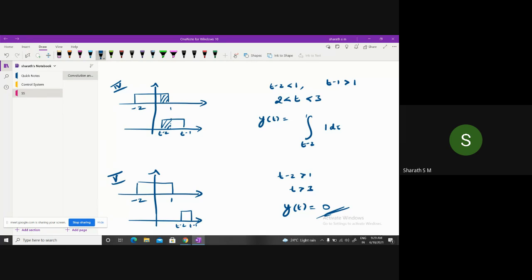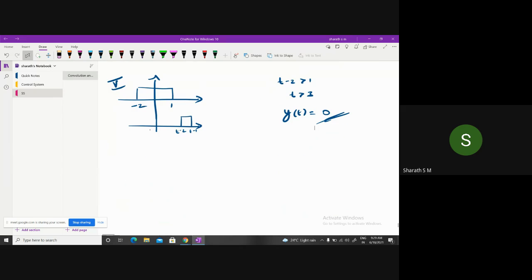At the end, just write down all those answers in a single stage. So y of t is equal to 0, and the second case also 0. The third case has t plus 1, and the fourth case is 1? What's the answer for the fourth case? 3 minus t. So write the range: t is less than minus 1, output is 0.